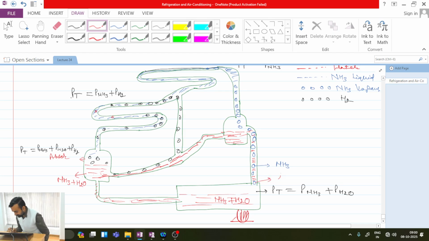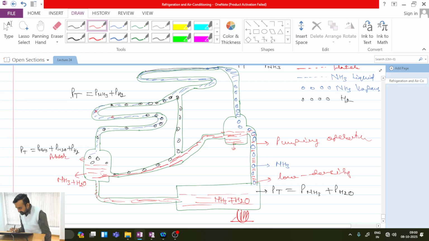These vapor bubbles have low density, and pressure everywhere is the same, so the vapor bubble will rise upward. Once it is rising, it will also carry a certain amount of liquid along with it. So this is leading to the pumping operation. Pumping operation is happening in this vertical tube.